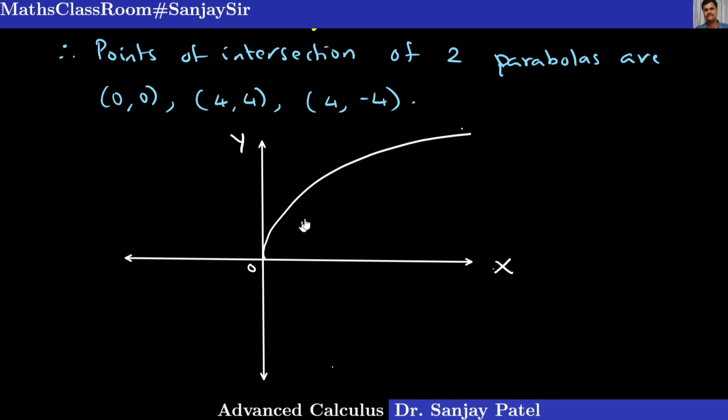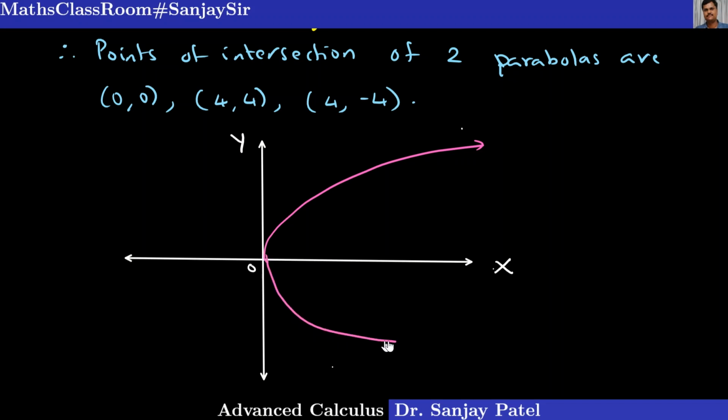Let me use some different color. So one parabola is y square is equal to 4x. I am taking this way. This is y square is equal to 4x.